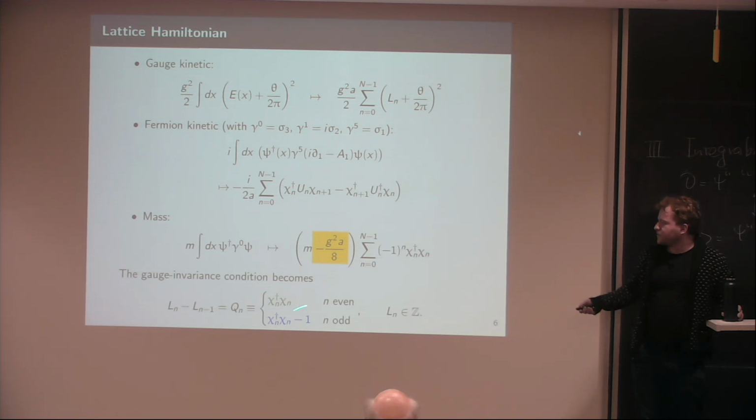It's sort of what leads to this mass shift, this staggering. This is important to the U(1) case and not as much for the adjoint case, so I won't say too much about it here. But the most important thing is that all this business that I'm highlighting here comes from one-site translations, which interchange the chiral components of the fermion and tell us about how chiral symmetry works on the lattice. So I will come back to that for the adjoint case.